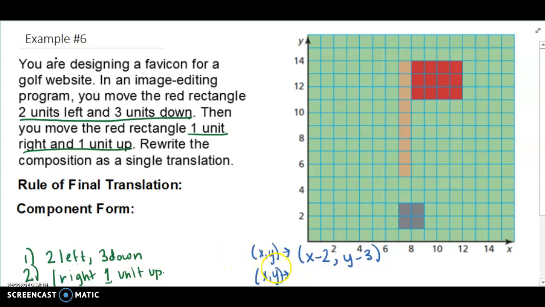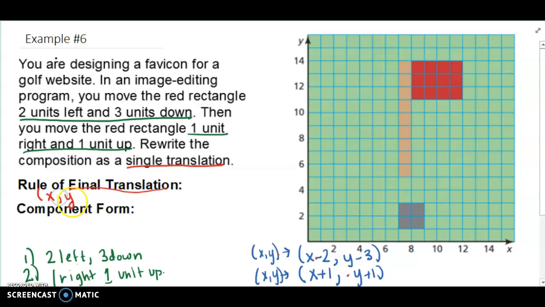Okay, on number 2, if I go 1 right, it'd be x plus 1, and 1 up, it'd be y plus 1. However, that's not what the question asked. I want the rule of the final translation. So it says rewrite the composition as a single translation. So rather than doing this and then stopping and then doing this, I want to just do it in one.